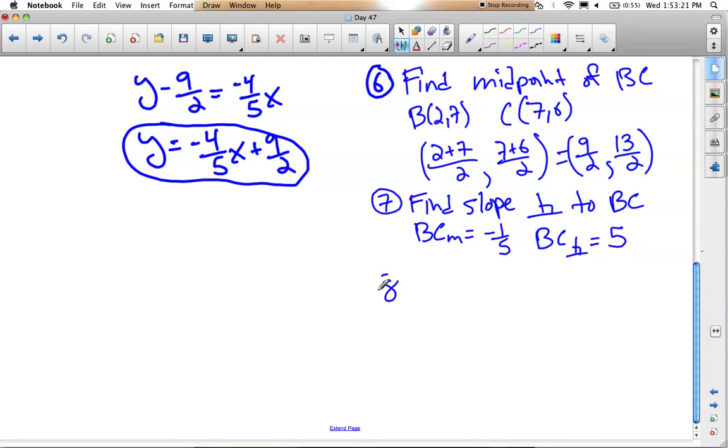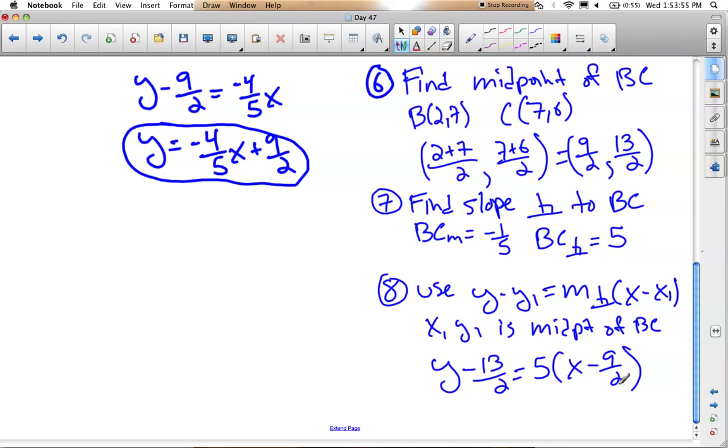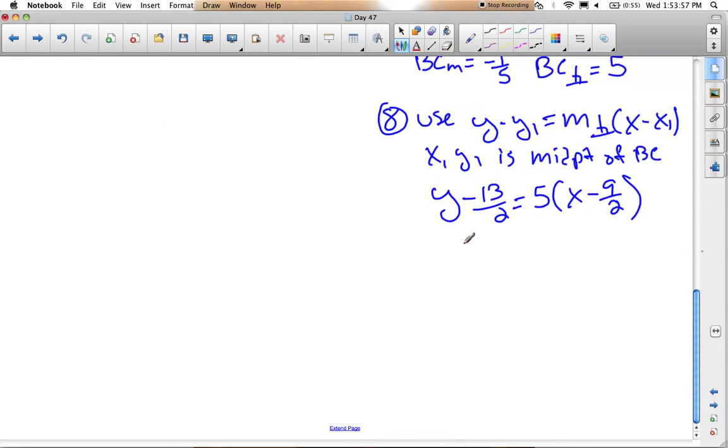So step 8, I now use y minus y1 equals m perpendicular times x minus x1. Now x1, y1 is the midpoint of BC. So I have y minus 13 over 2 equals 5, because 5 is the perpendicular slope, times x minus 9 over 2. Simplify.